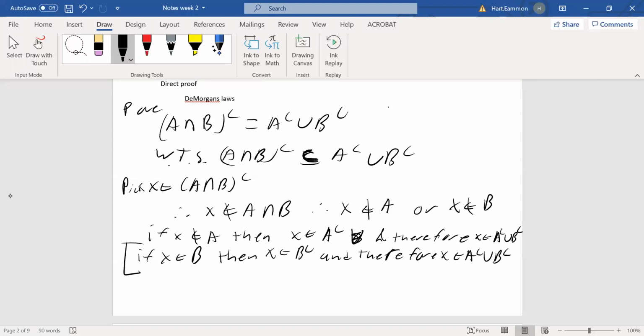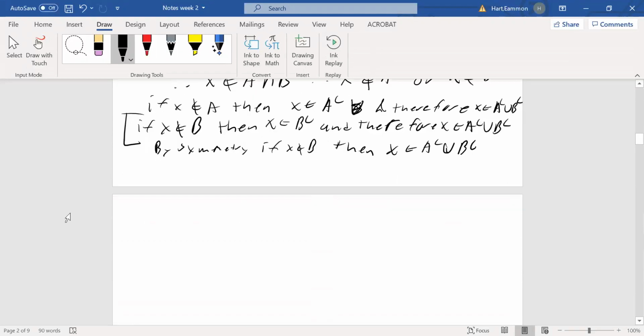You could just say by symmetry, if x is not an element of B, then x is an element of A complement union B complement. Symmetry just means that the same exact argument follows for x is not an element of B as you just showed for x is not an element of A. Just means that the argument is the exact same.